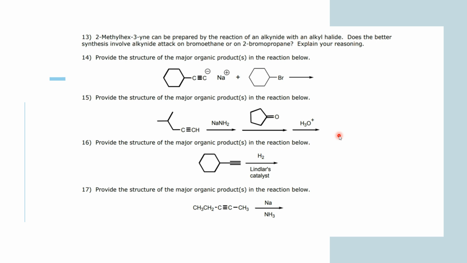Then moving to the next question, provide the structure of the major product in the reaction below. You are given this terminal alkyne and you are reacting it with sodamide, a very strong base, and you are adding this cyclopentanone molecule to the reaction system after generating the species formed in the first step.